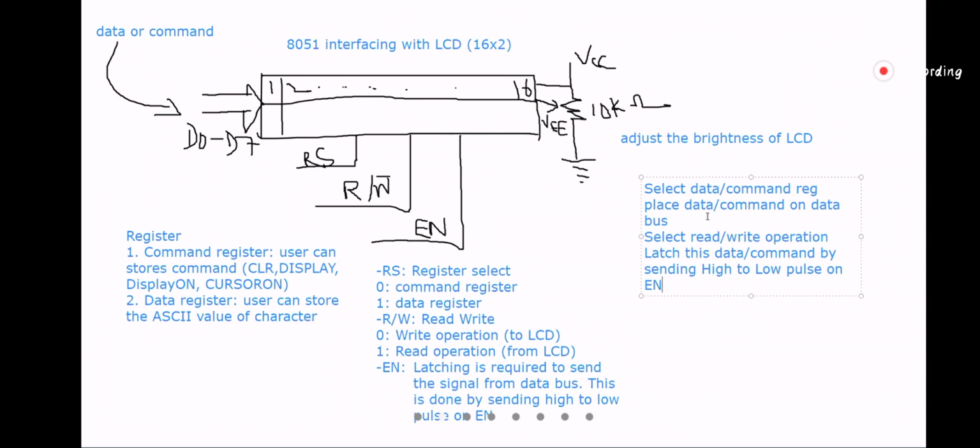So these are your 4 step by step sequence procedures when you interface the LCD. Is it clear?